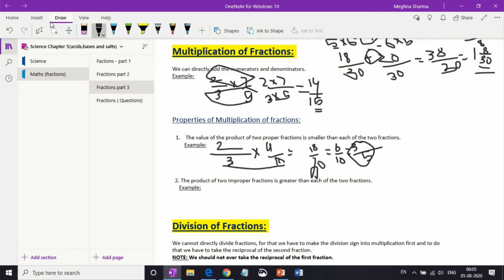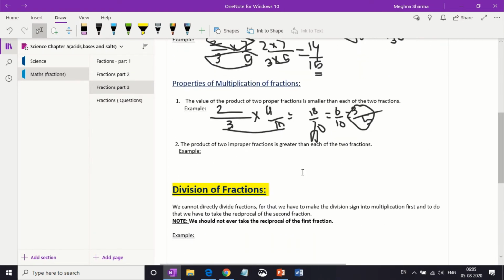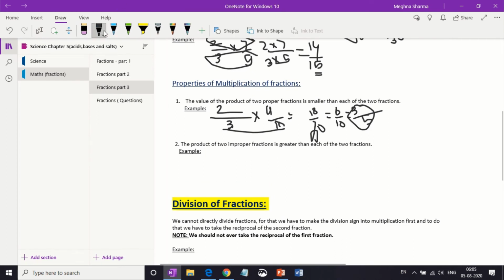Now let's see the second thing. The product of two improper fractions is greater than each of the two fractions. Here this is always smaller than these two, the product of two proper fractions.